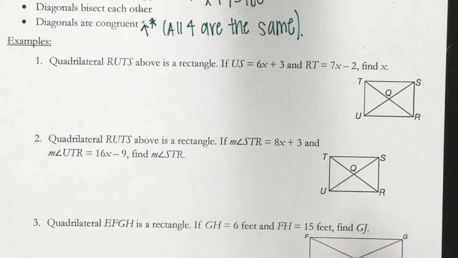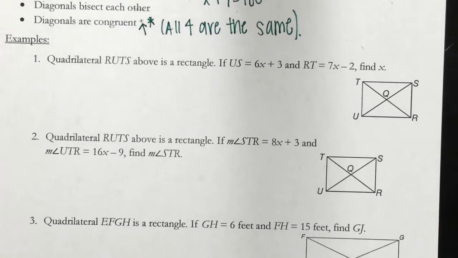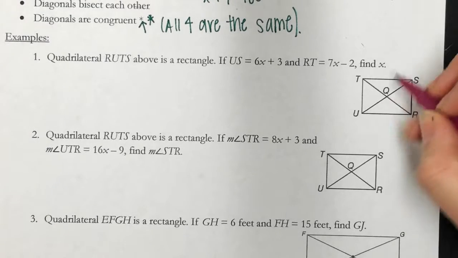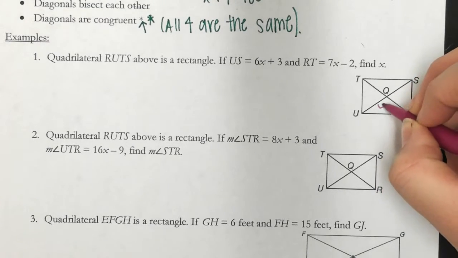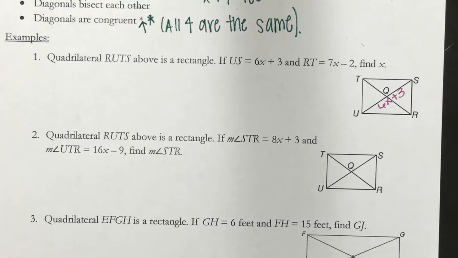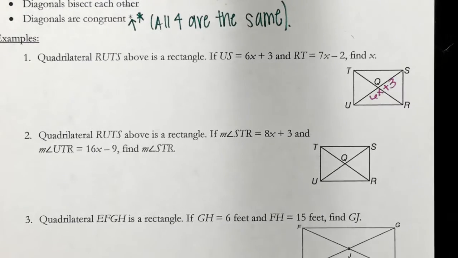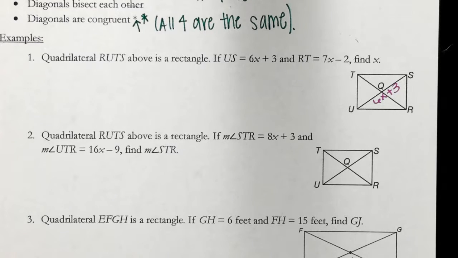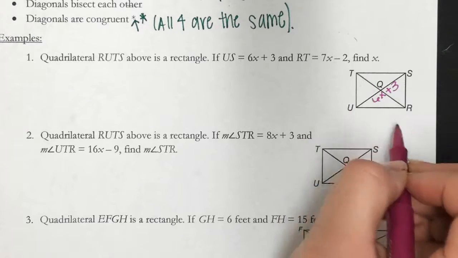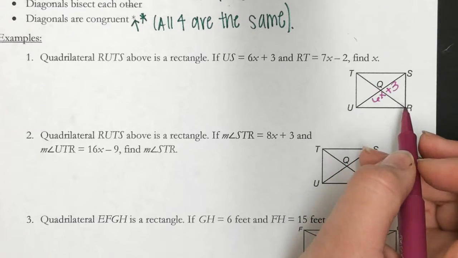Let's do an example. Quadrilateral RUTS is a rectangle. So here's the one it's talking about. If US, so this whole diagonal, is equal to 6x plus 3, and RT, the whole other diagonal line, is equal to 7x minus 2.